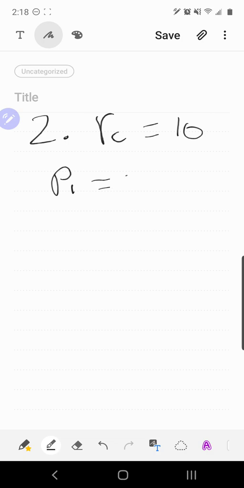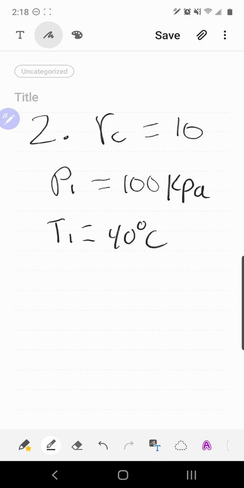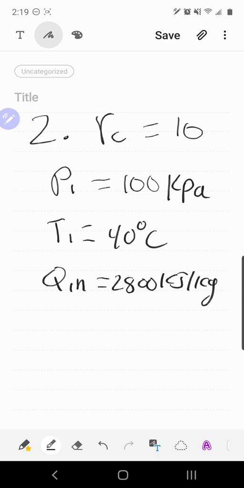Okay, P1, 100 kPa and 40 degrees C. We have a heat addition, Q in. It's going to be 2,800 kilojoules per kilogram. We want to know what is the thermal efficiency.